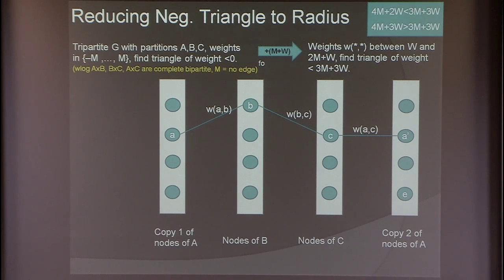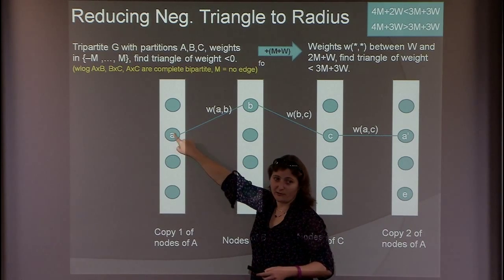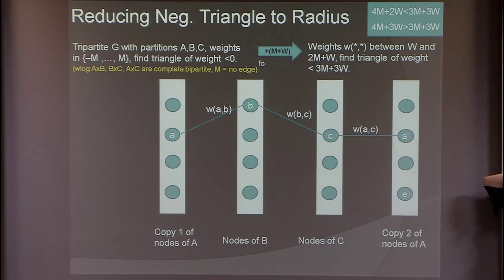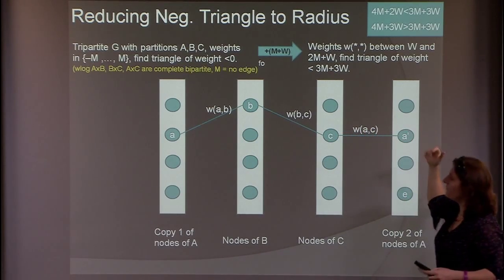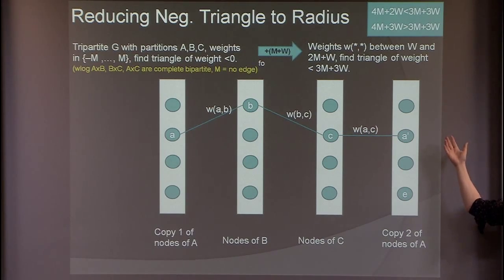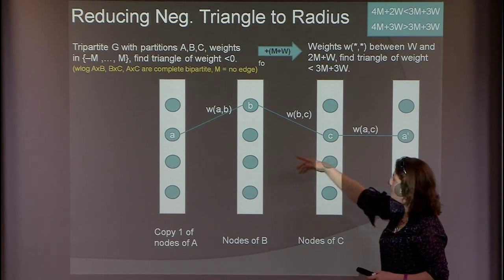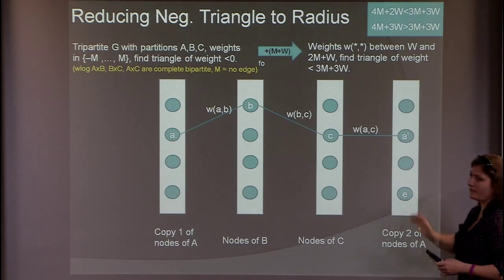All right, so now what we'll get is that for any A and its copy, A prime, on this side, the shortest path will be the length of the minimum triangle that contains A, okay? And if the minimum triangle was less than 3m plus 3W, then the distance between A and A prime will be less than 3m plus 3W. We don't have a very nice guarantee about A and anything else.